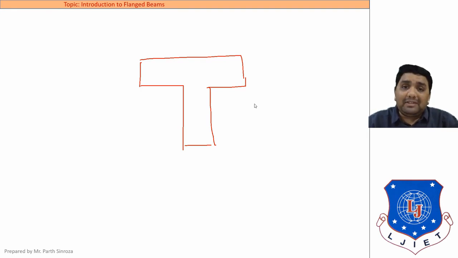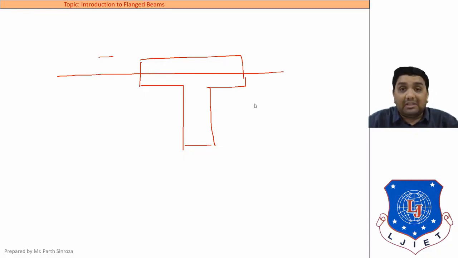As we have already seen, xu is the depth of the neutral axis. The depth of the neutral axis always starts from the top portion. So here we can say that the neutral axis is measured from the top of the slab. The neutral axis can be in three cases. The first case is that the neutral axis can be in this zone, that is our flange portion.